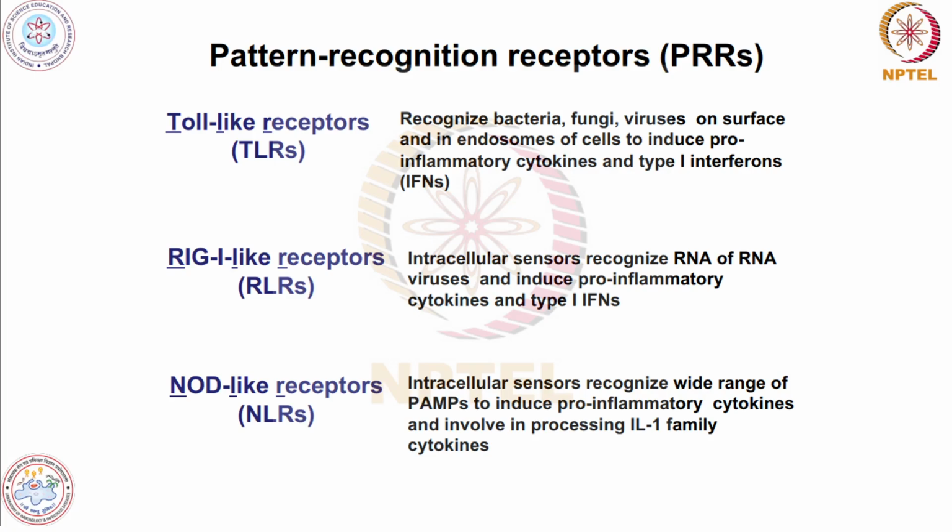Next is a different topic, pattern recognition receptors, that is PRRs. These are receptors in our immune cells that detect the pathogen and trigger the immune response. From the name we can see, recognition. They recognize that there is some pathogen entry in our body, and they call upon the immune cells. They tell the immune cells to take action and protect us from this harmful pathogen entry.